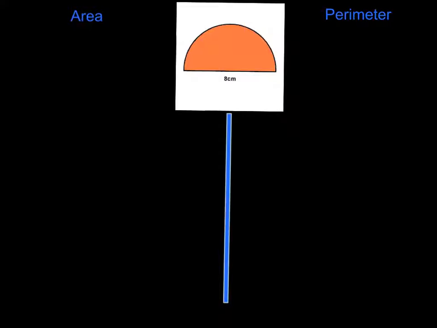First, let's look at this example of a semicircle, and let's try to find the area and the perimeter. We know the area is going to be equal to pi r squared, and because it's a semicircle, we're going to need to halve that to get the area of what's inside here, in square centimeters. In this case, we've been given the diameter measurement, so we need to change that into the radius, which is half of that: 4 centimeters.